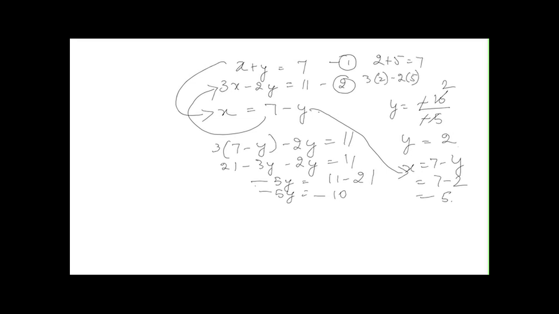Wait, here the value of x is 5 and y is 2, correct? So 3 into 5 is 15, and 15 minus 4 is 11. Correct? So our answer is correct. y is 2 and x is 5.